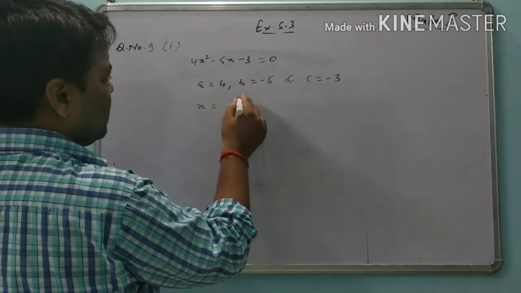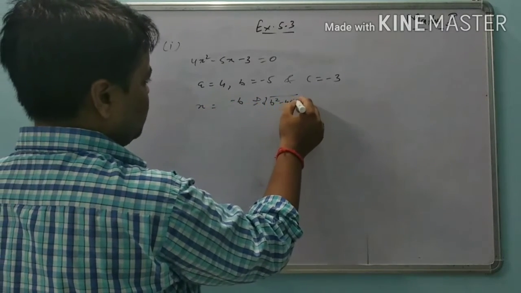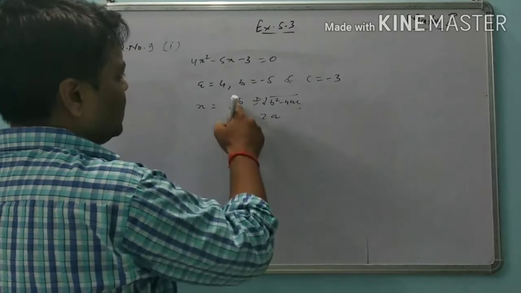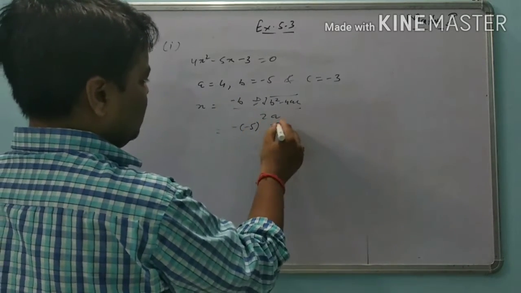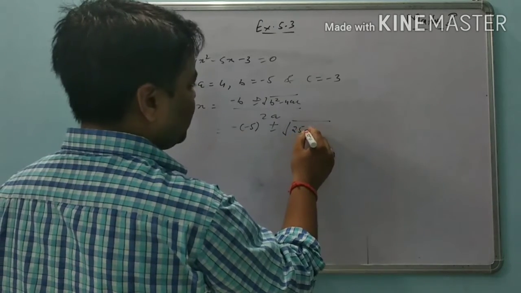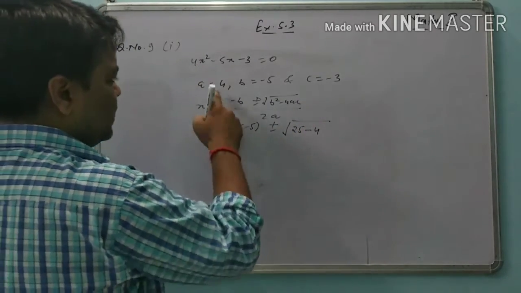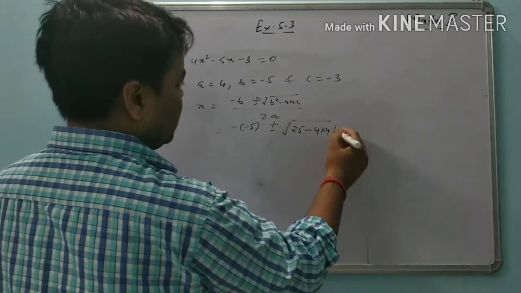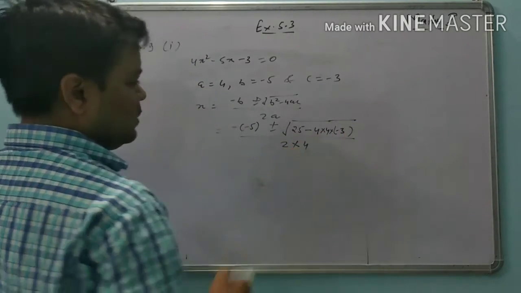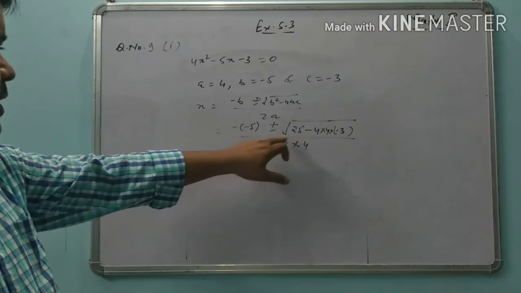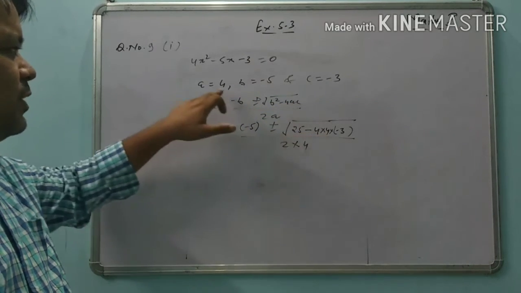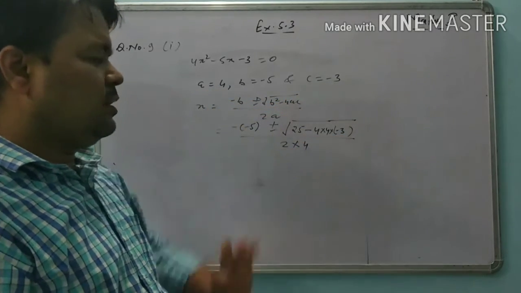Then the value of x is equal to minus b plus minus under root b square minus 4ac by 2a. Again put the values: minus of minus 5 plus minus under root minus 5 square, that will be 25, minus 4 into a, which is 4, into c, which is minus 3, upon 2a, 2 into 4, that is 8.